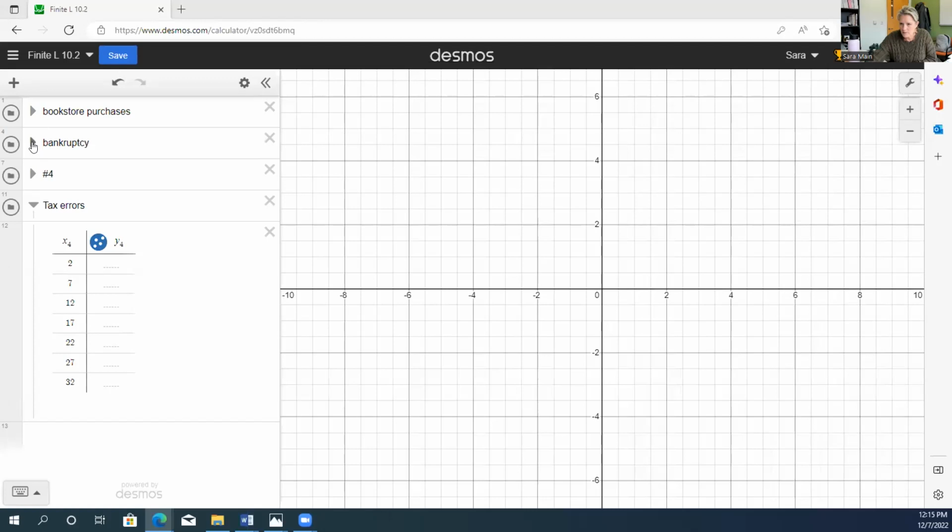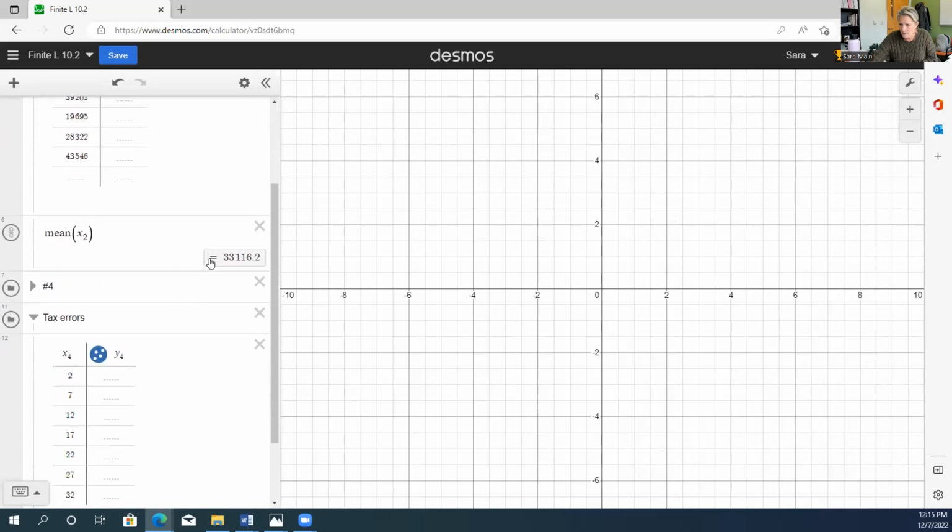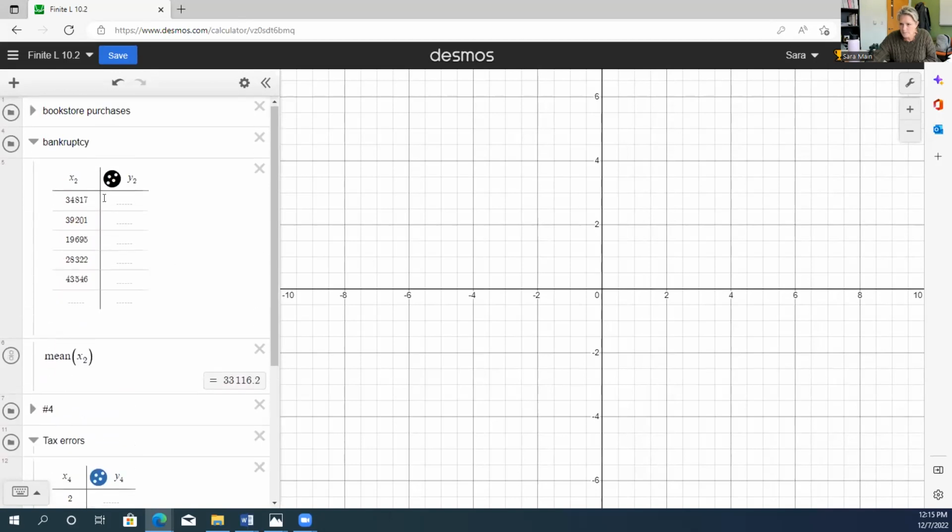Here, if I've entered the data here, and then I just typed a mean of X2 because that's where my data is, and there is the mean bankruptcy.